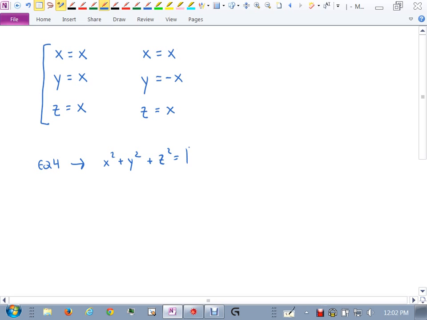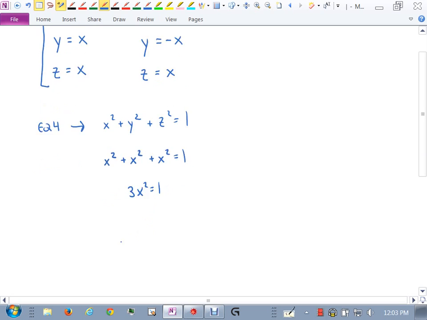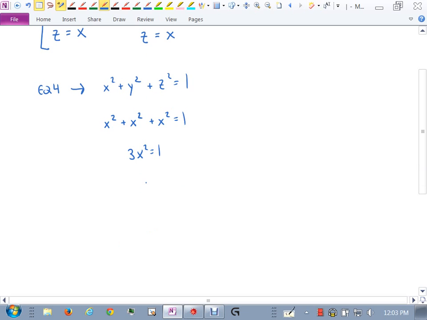But if y is x and z is x, or even negative x, doesn't matter, I'm going to square them, right? This just means that I have x squared plus x squared plus x squared equals 1, so 3x squared equals 1, which means that x squared equals 1/3, which means that x equals plus or minus 1 over root 3.